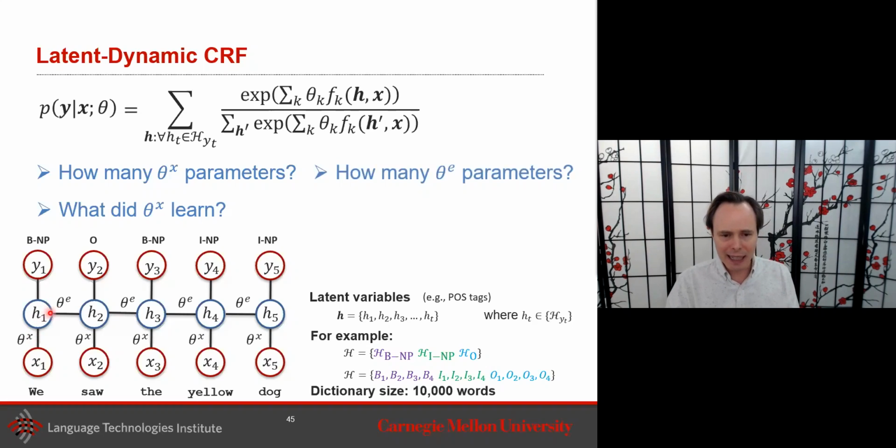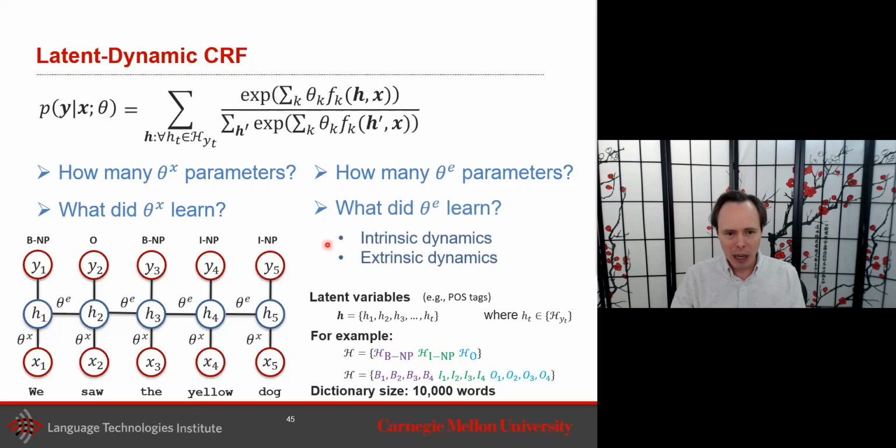The theta e is interesting because it's going to learn 2 different things. It's going to learn what's called intra-class dynamics and between-class or cross-class dynamics. Within a class, like all of these beginning-of-noun-phrase states, what is the potential to have both B1 and B2 co-occurring at the same time?